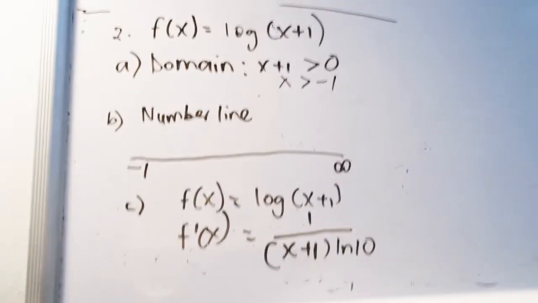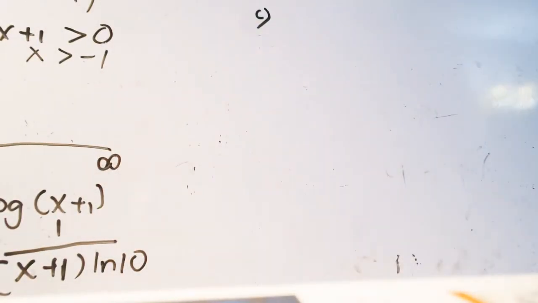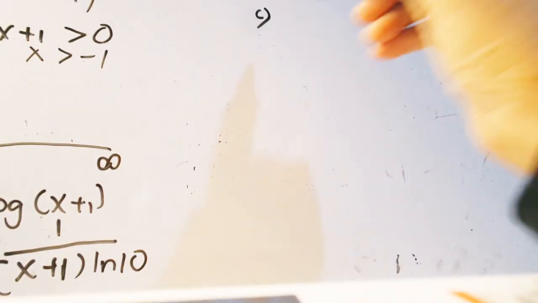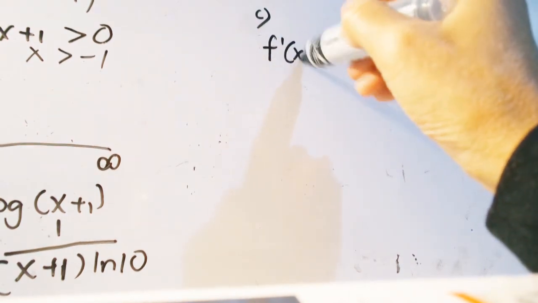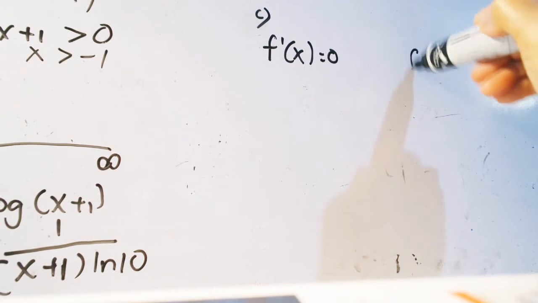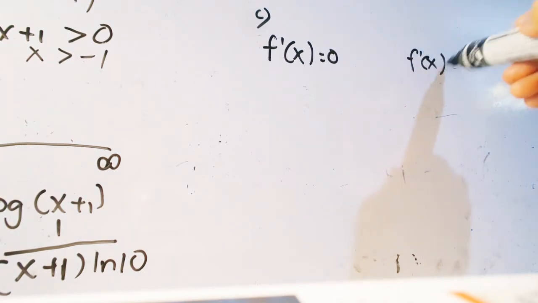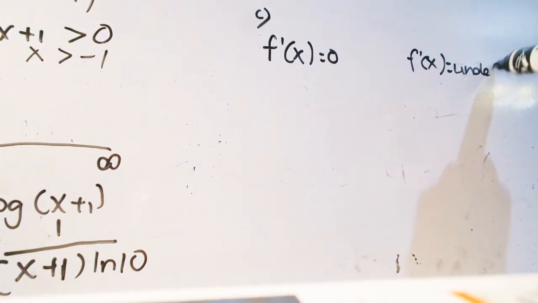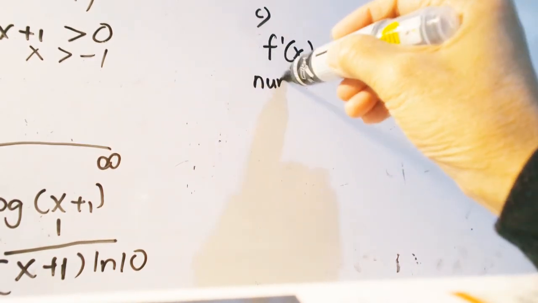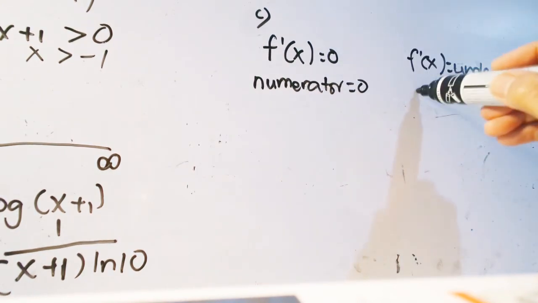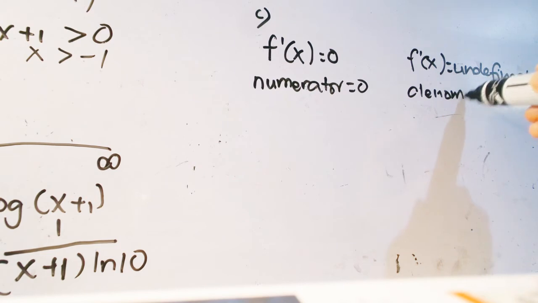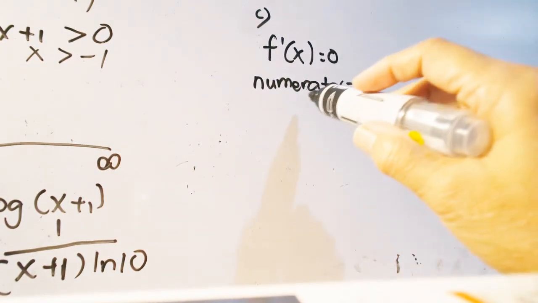Okay, and then what do we do? Set the slope function to be 0, and the slope function to be undefined. Here we take the numerator equals to 0, then the denominator equals to 0. The numerator here is 1.